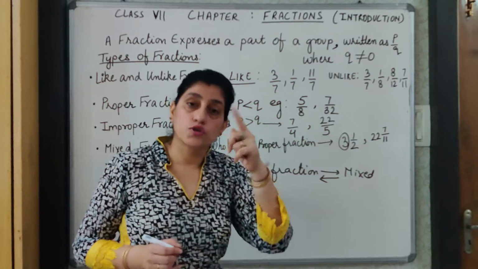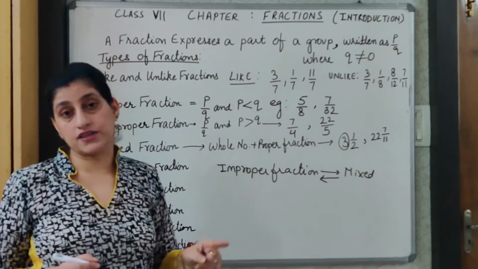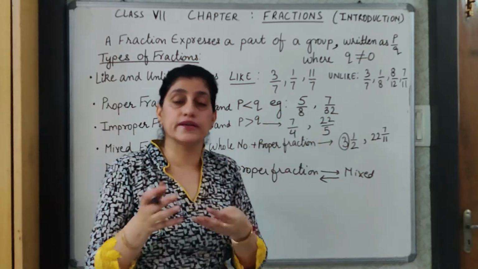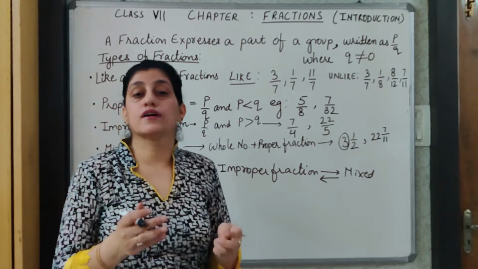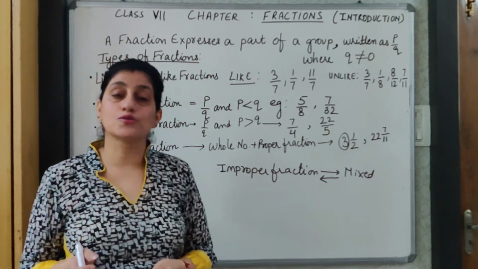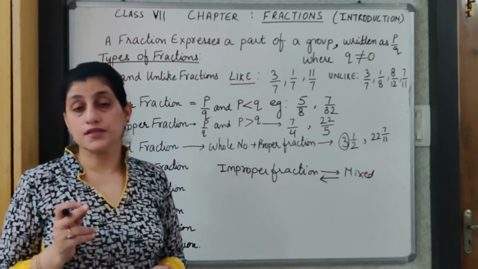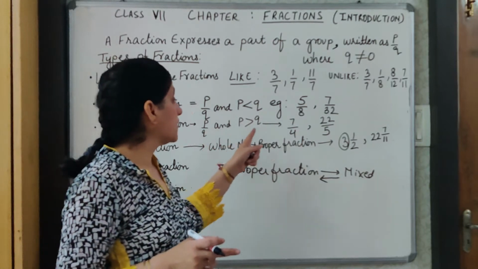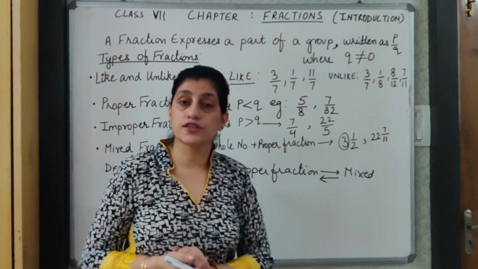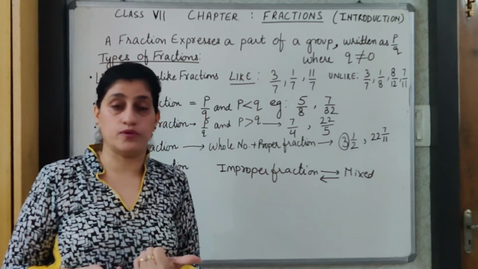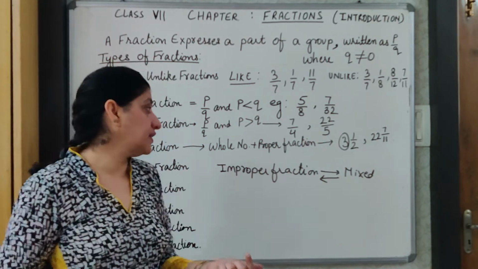Proper fractions do not get converted to mixed fractions. Sometimes children while calculating make this mistake. They convert a proper fraction also into a mixed fraction. But this is not possible. Only improper fractions can be converted to mixed and mixed to improper. Let's see how this can be done.